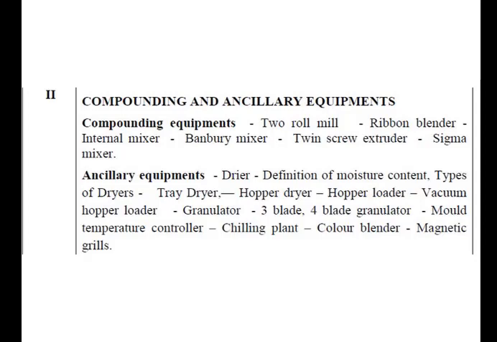In that, 3-blade and 4-blade granulators, then mold temperature controller, then chilling plant, color blender, and finally the magnetic grills. Their construction, working principles, their uses, we will be elaborately discussing various aspects of these ancillary equipments in this Unit 2.